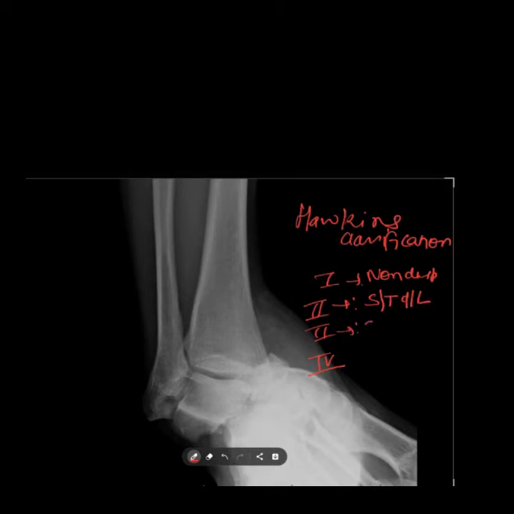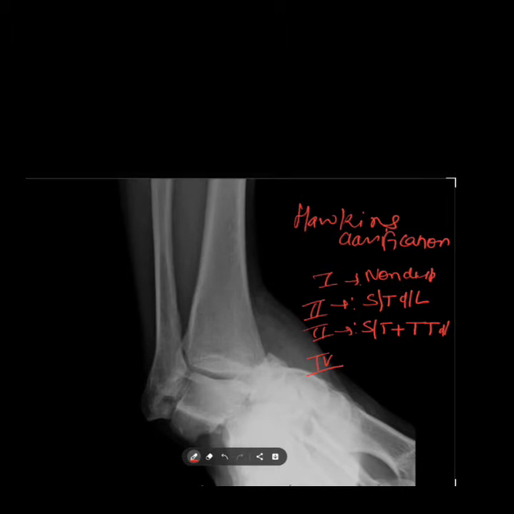In type 3, along with subtalar there is tibiotalar dislocation. And in type 4, we have subtalar plus tibiotalar plus talonavicular dislocation. So, as we proceed from type 1 to 4, the risk of avascular necrosis increases.